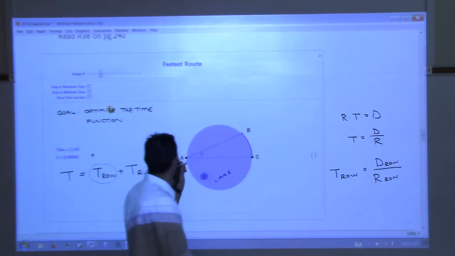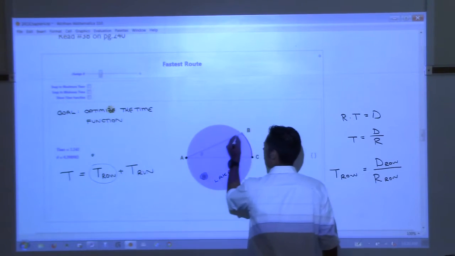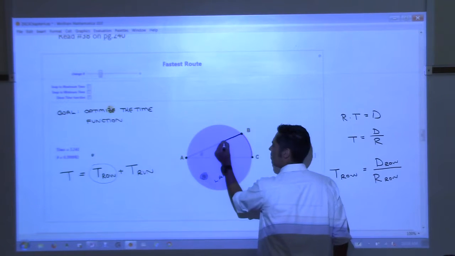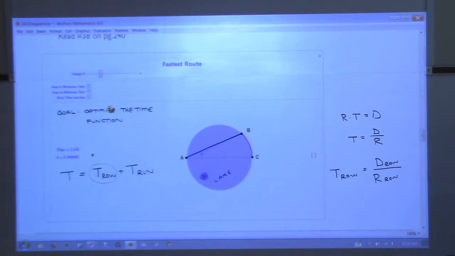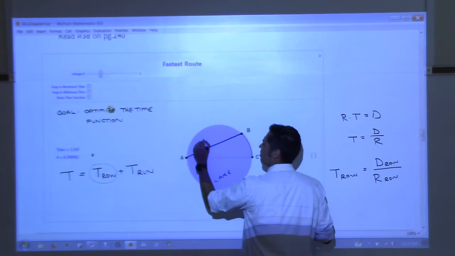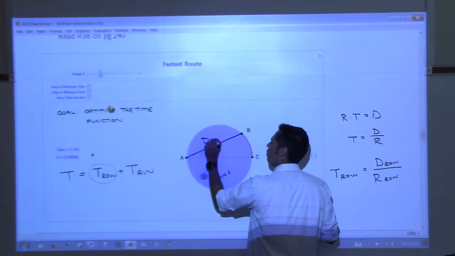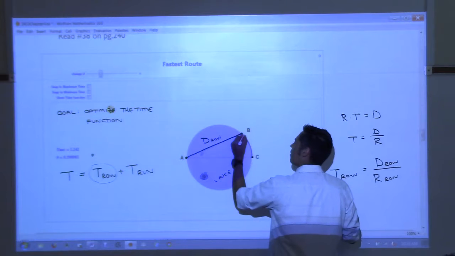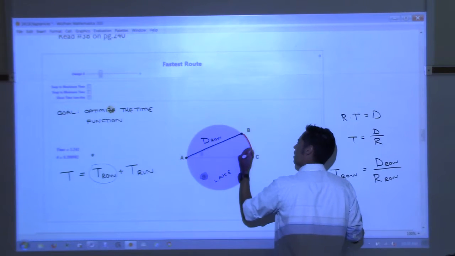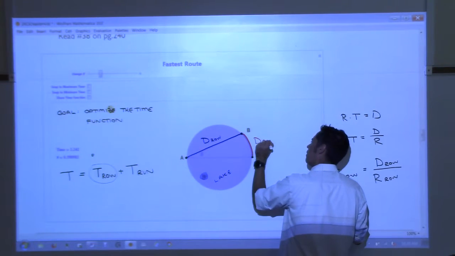So I need to know what the distance is from here to here. What is that distance? It's a function of theta, isn't it? Yes. So this is the distance we row. And then this piece right here is the distance we run.